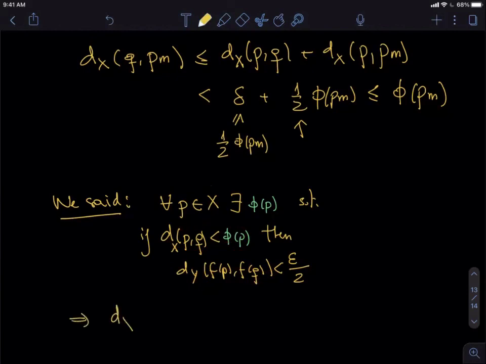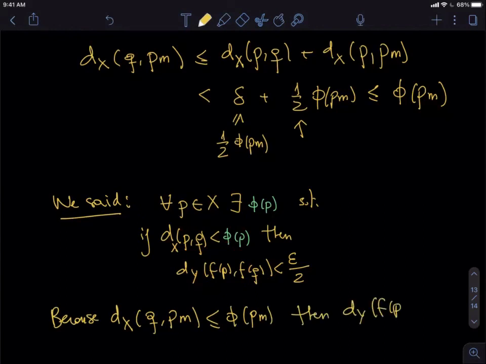And that means, because the distance between Q and Pm is less or equal than phi of Pm, then the distance between f of Pm and f of Q is less than epsilon halves.